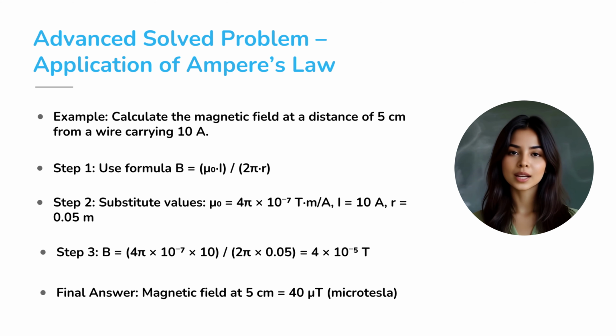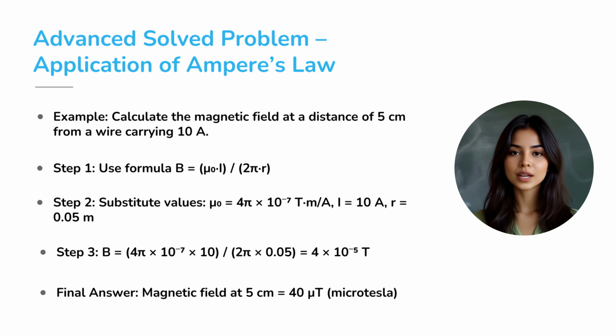The current, I, is 10 amperes. And the distance, r, is 0.05 meters. So the equation becomes B equals open bracket 4 pi times 10 to the power of minus 7 multiplied by 10 close bracket divided by open bracket 2 pi times 0.05 close bracket.